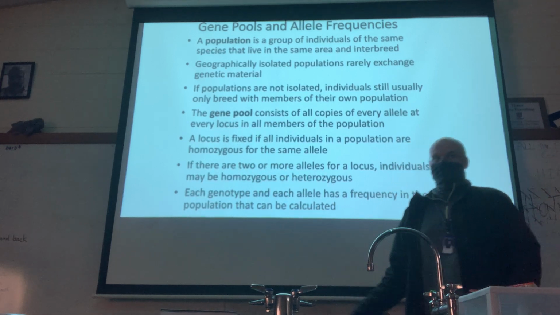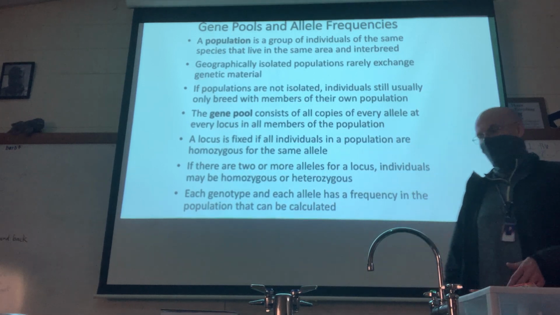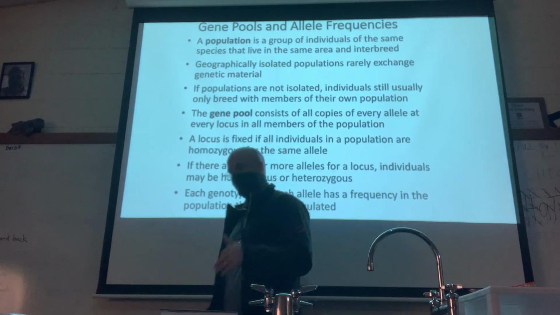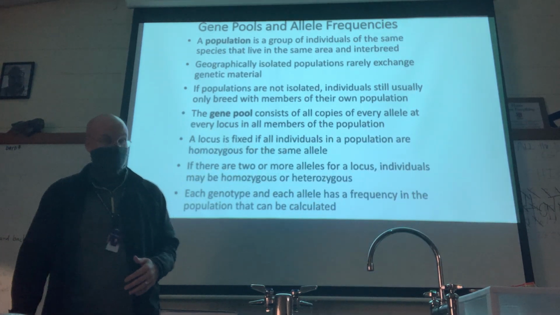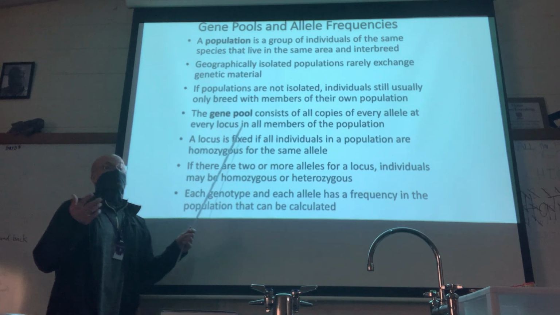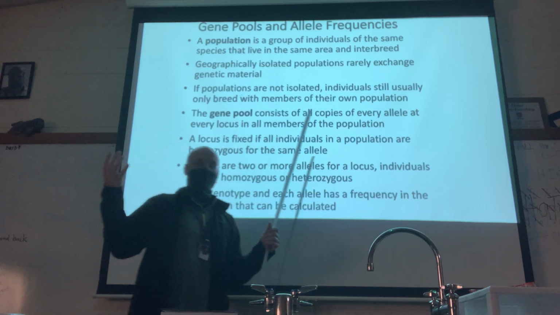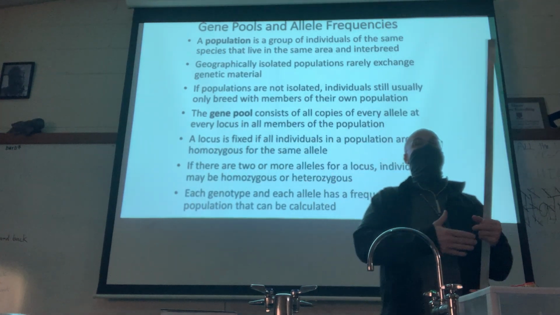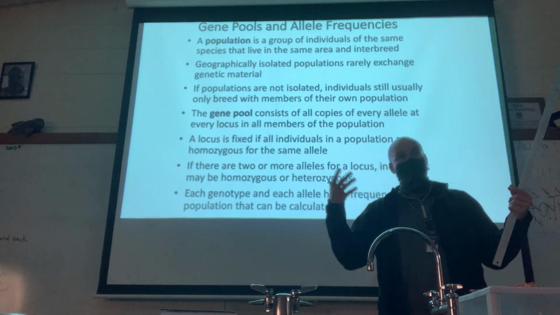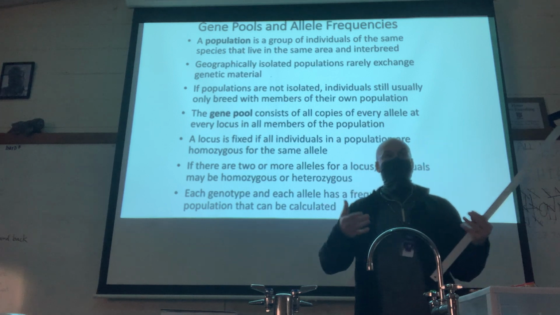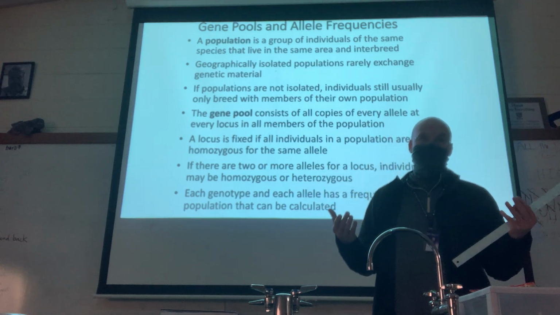So, gene pools. Again, on the topic of genetics, and there's a lot that we'll pull from Unit 5 when we talked about genetics a few months ago. When you hear that term gene pool, that refers to all the genes, all the alleles for a trait that you can find in an entire population.